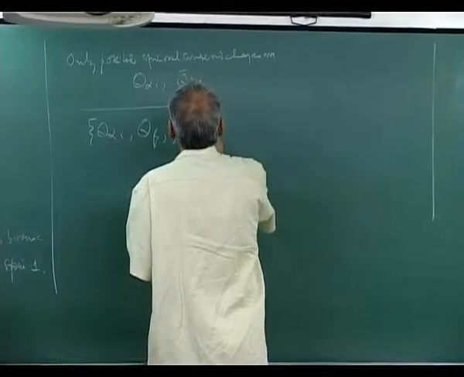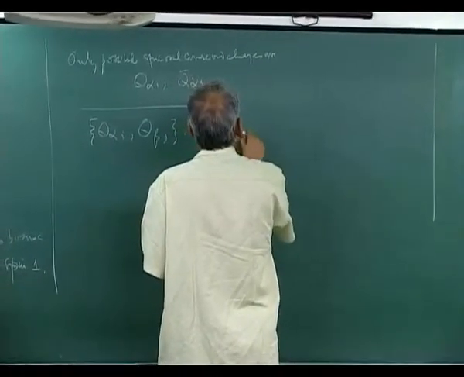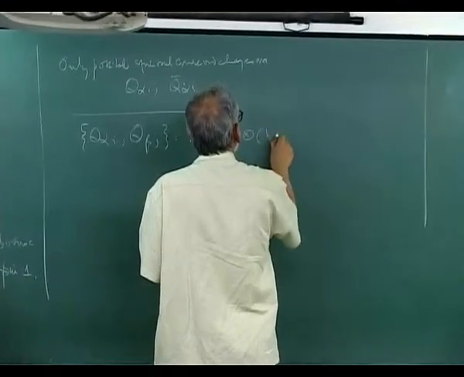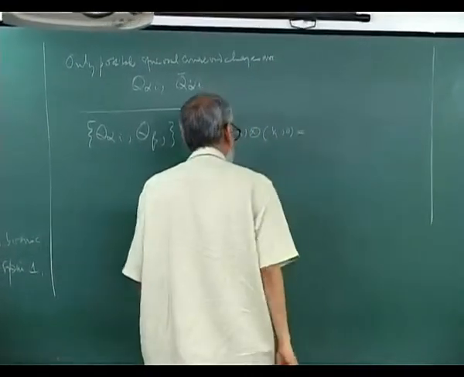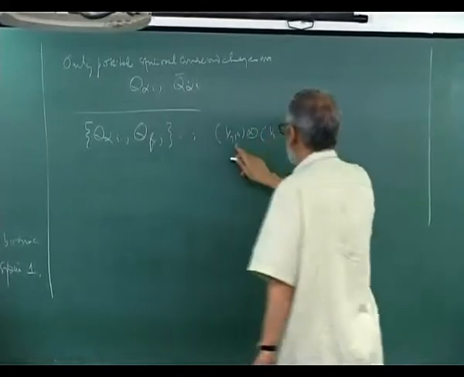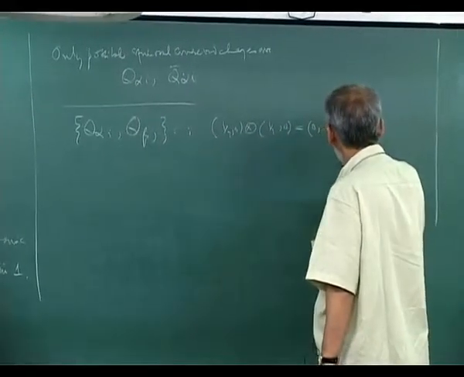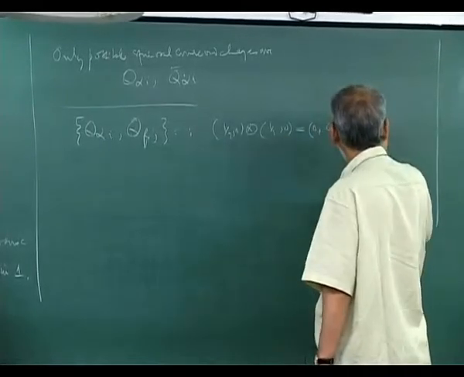Now in terms of Lorentz rotation properties, it is 0 half times 0 half. Half times half is 0, and half times half also has 1, by the rule we wrote there.